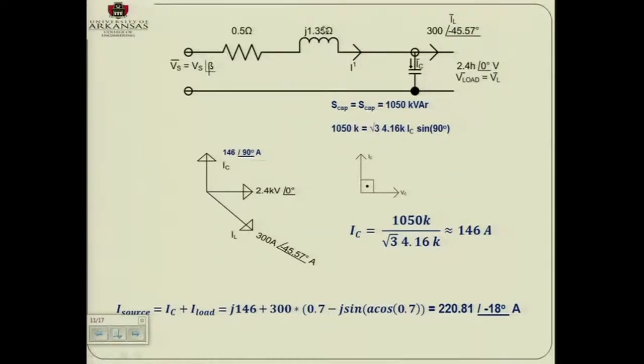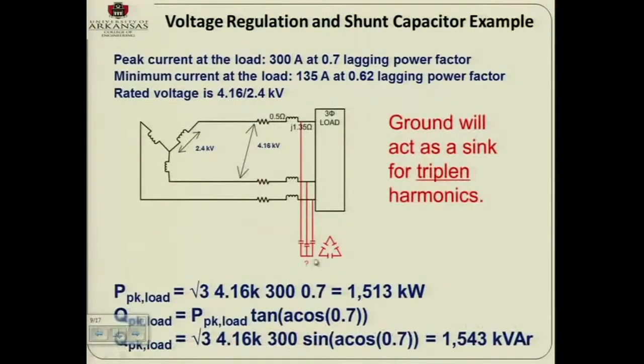Obviously, in this analysis there is no third harmonic, because everything is at fundamental frequency. Now, if I have a capacitor that was given to me connected in delta instead of Y, what do I need to do? A delta-Y transformation. So you take XC and you divide by 3.